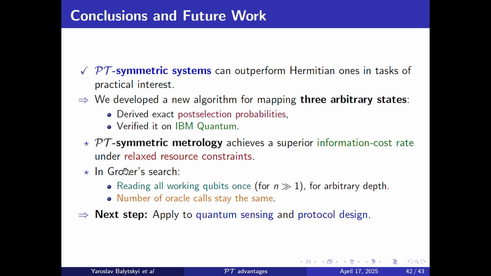But also in punctuated and depth-limited Grover search, you need to read all working qubits essentially once, and this is for arbitrary depth. Which may have applications for cryptography and for the max depth parameter and all that. The number of oracle calls remains the same as in the punctuated version of Grover search, right?